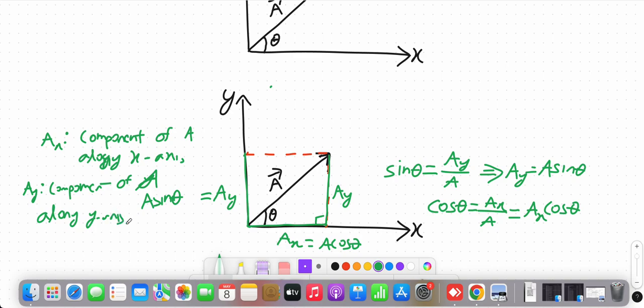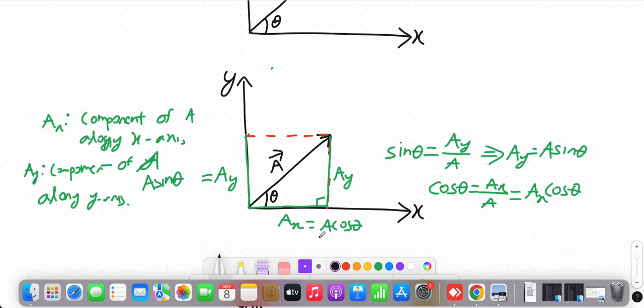So in this particular case, component of A along x axis is A cos theta and component of A along y axis is A sin theta.